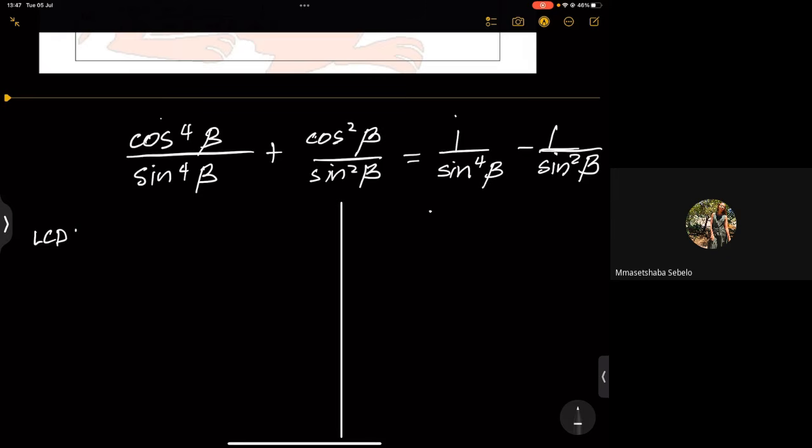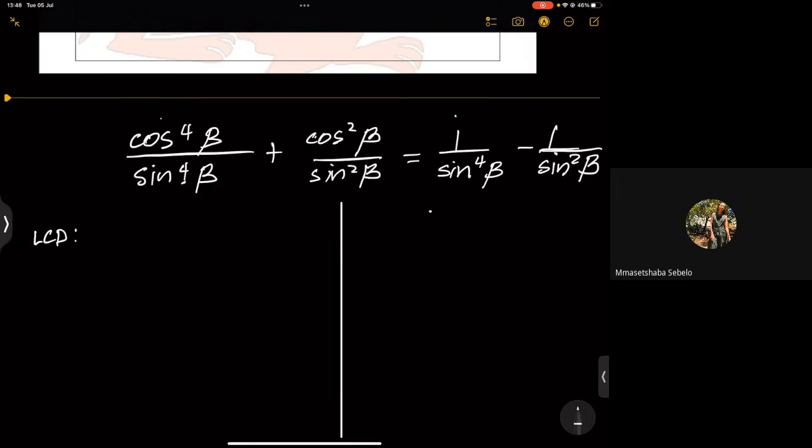That's right. Now, this is a trick that I want you to learn, please. Which one will be the lowest denominator here? Sine squared beta. No, actually, it will be the one with the higher power.